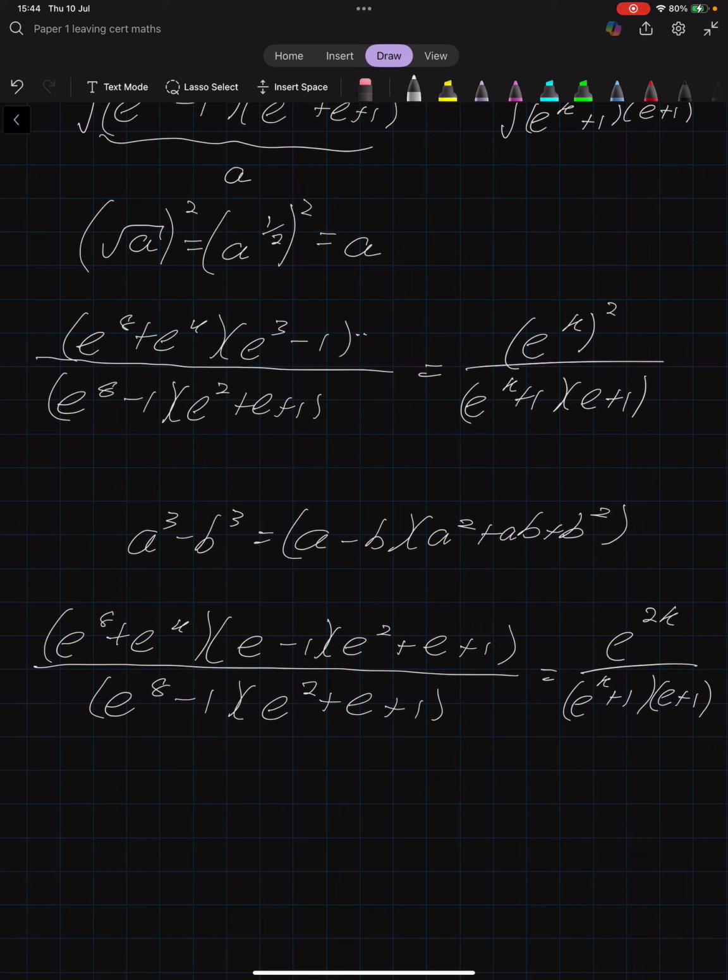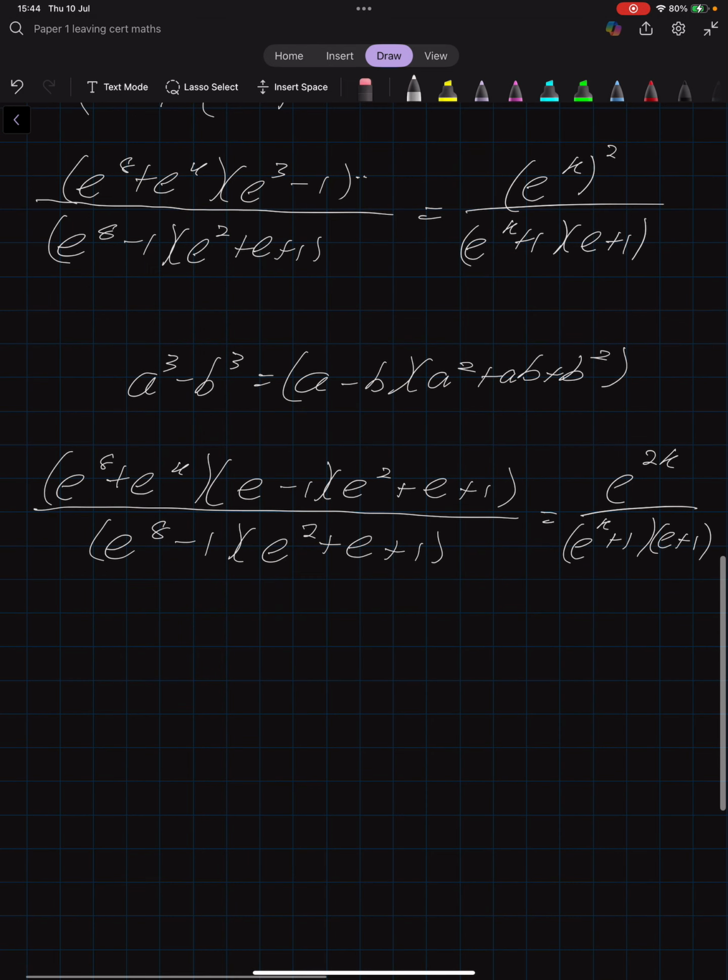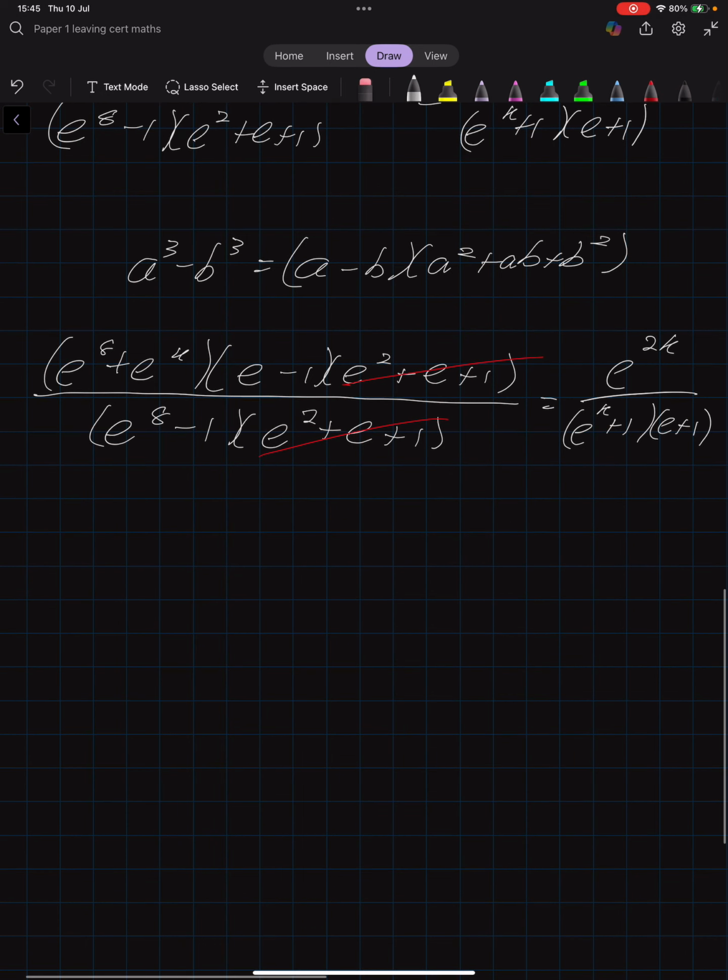Okay. So now this cancels with this. Now, again, I can do more simplifications. So on the top, I can factor out an e to the 4. So it's e to the 4 into e to the 4 plus 1.